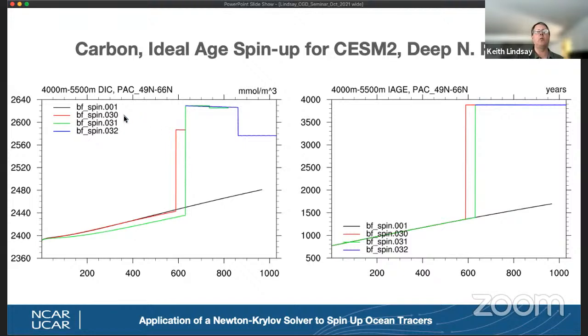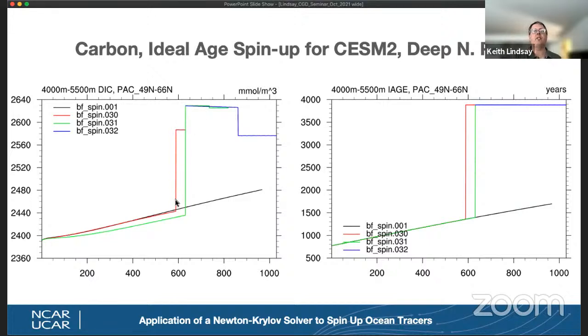So we ended up doing a series of experiments where we were retuning ocean BGC. And then at points as we were doing experiments, we would apply the Newton-Krylov solver to a subset of the tracers. That's why we have jumps in these tracers, where the Newton-Krylov is applied to the carbon tracer but not to all tracers, for instance, not to oxygen.